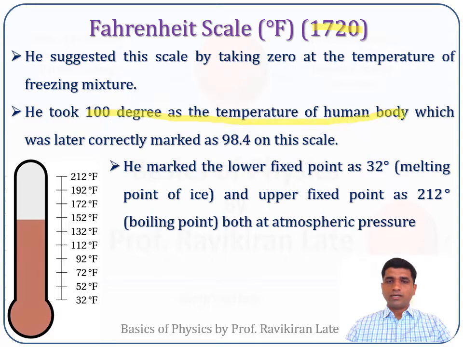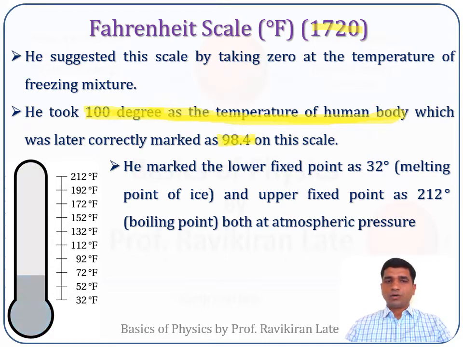But we know that in today's world, the exact temperature of the human body is 98.4 degree. So later on, the temperature proposed by Fahrenheit was corrected to 98.4 instead of 100 degree.